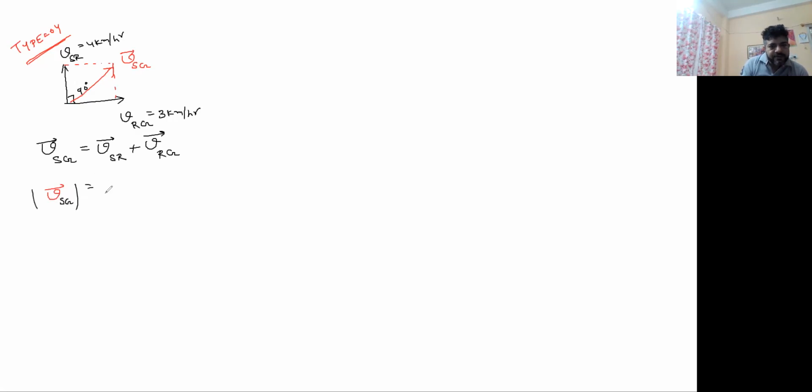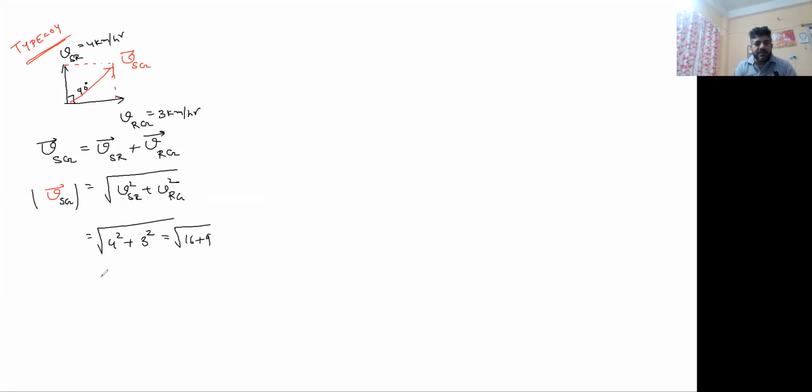Magnitude we know from the vector a square plus vector b square, and as the angle between them is 90 degrees, cos 90 is 0, so we don't need to write that term. So we write swimmer with respect to river 4 square, river with respect to ground 3 square, that is 16 plus 9, root under 25, that is 5 kilometers per hour.